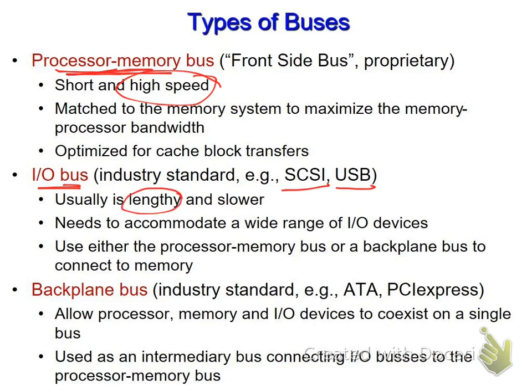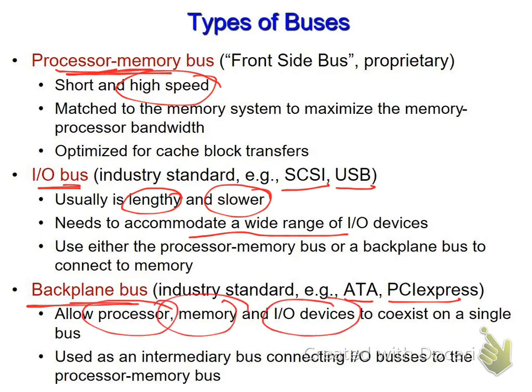This is usually lengthy and slower, and of course needs to accommodate a wide range of input-output devices. The backplane bus, like ATA or PCI Express, basically allows everything to work together. So I will allow the processor, the memory, and the input-output devices to coexist on a single bus.